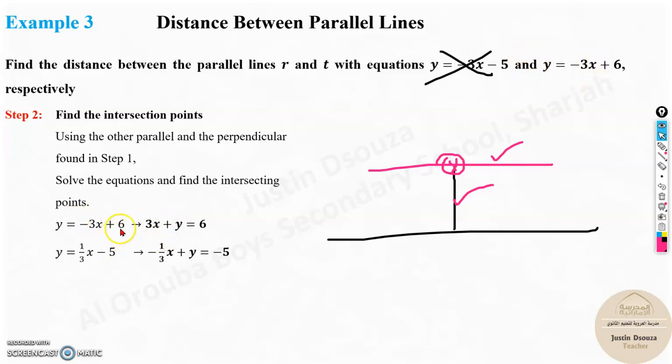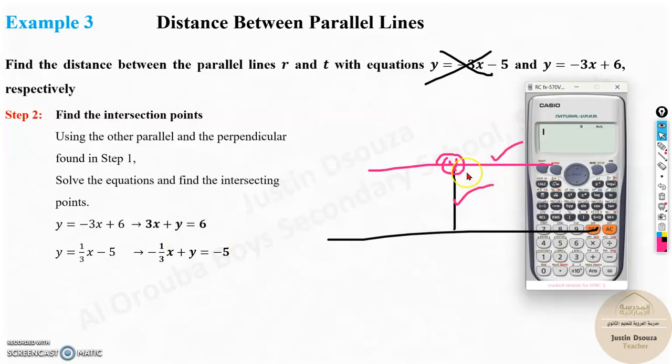So use this particular line, rearrange it and write it as x plus y equals c. 3x plus y equals 6. What about the other one? This is the perpendicular line equation. Now, minus 1 by 3x plus y equals negative 5.